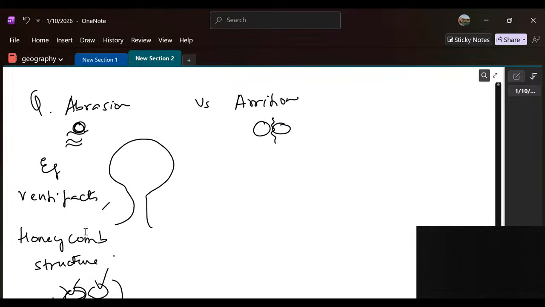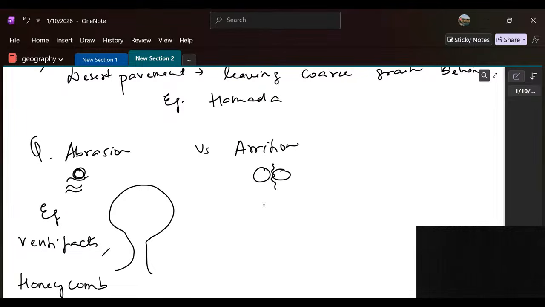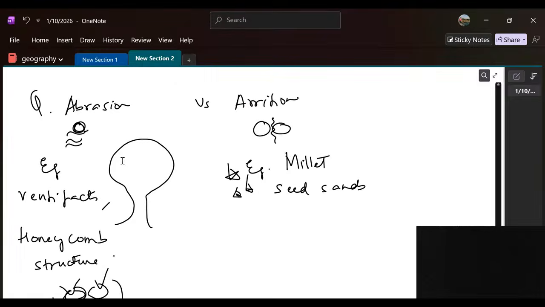Millet seed sand. The only example of attrition I can recall for now is millet seed sands. Remember, these examples are asked so many times. So for attrition, one example will be millet seed sands. All right.